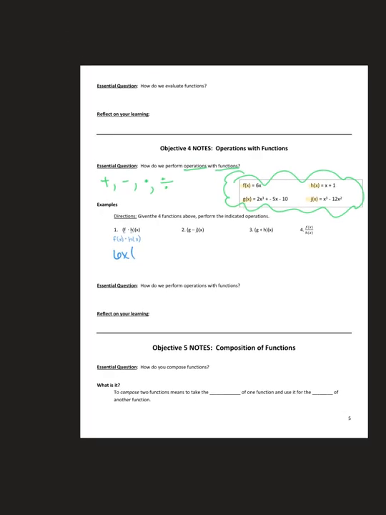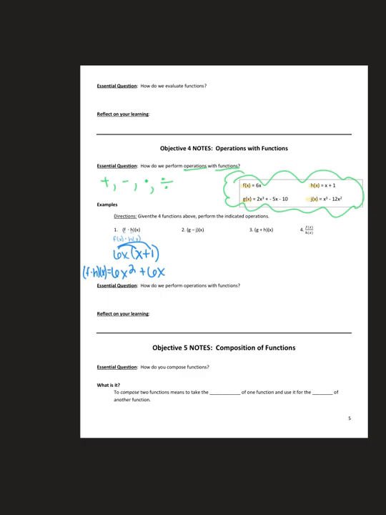And h of x is the function x plus 1. Okay, so we plug in the actual expressions for those functions, and then we're going to just simplify. So in this case, we need to distribute. 6x times x is 6x squared, and 6x times 1 is 6x. So the function f times h of x is equal to 6x squared plus 6x.